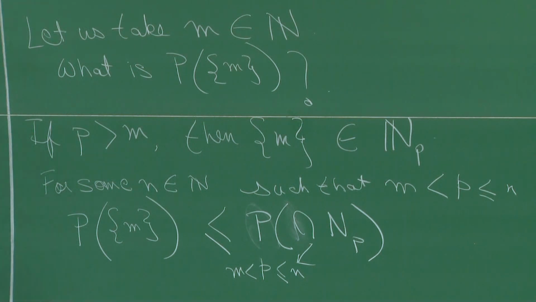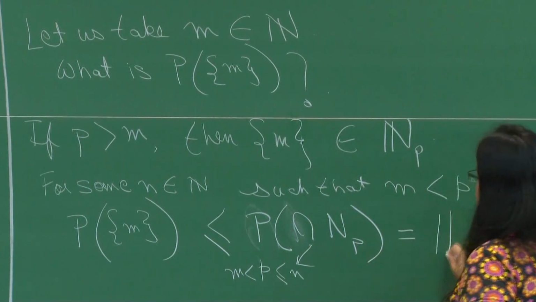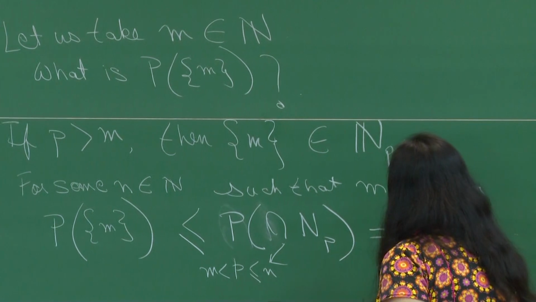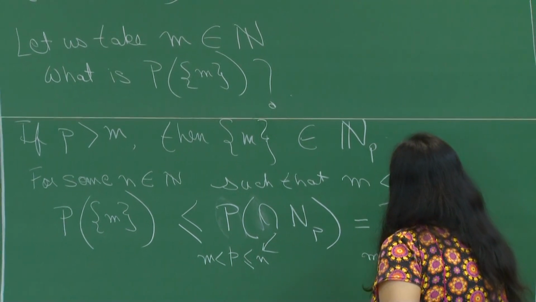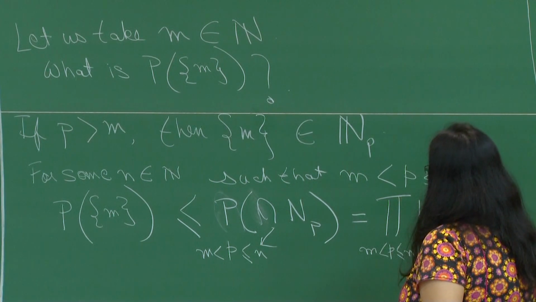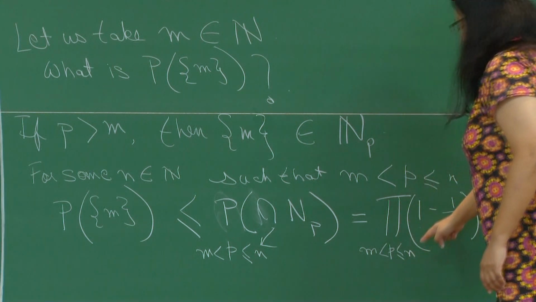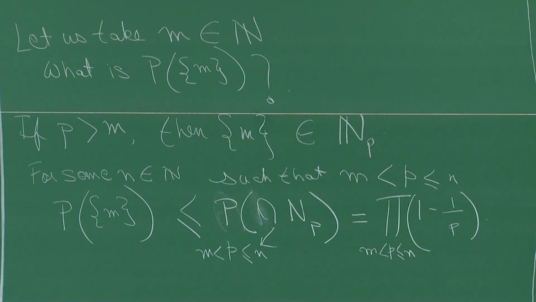Suppose you choose any n which is greater than or equal to p, then clearly this has to be less than or equal to the product over all primes up to n and strictly greater than m of 1 minus 1 over p. This is true for any n which is bigger than p.